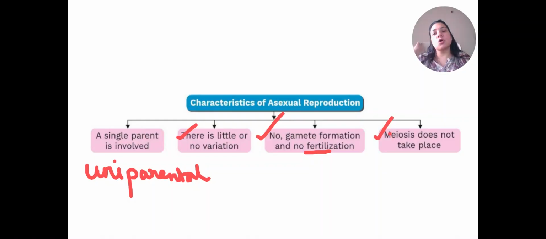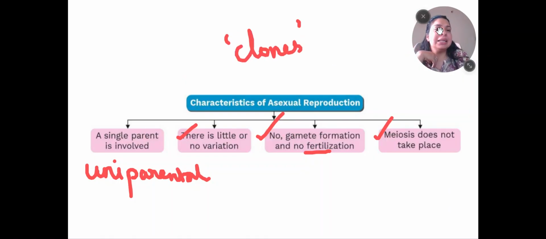And if there is no scope of meiosis occurring, there occurs little or no variation in this form of reproduction, resulting in offsprings which are genetically and morphologically exactly similar, or Xerox copies of each other as well as to the parent. And we use the term clones for such offsprings which are genetically and morphologically alike.